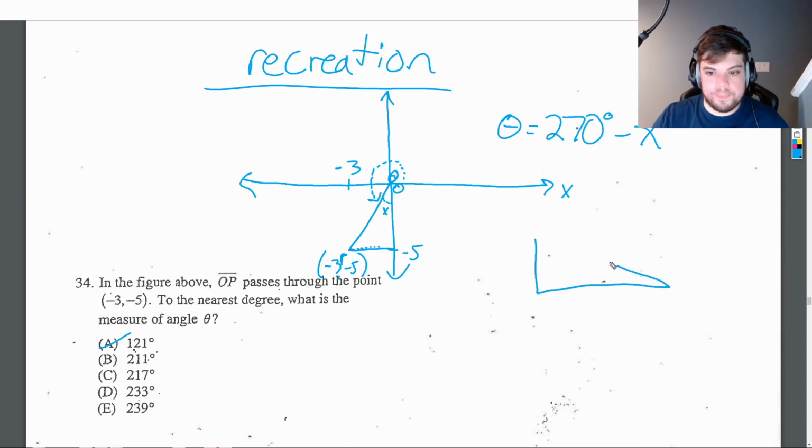Let's recreate this triangle as well. Let's draw this triangle. We know that this length here is 3. This is 5. Be careful, this isn't a 3, 4, 5 right triangle, unfortunately. And this one is unknown. The x is the angle up here. Maybe we'll call this h for hypotenuse.